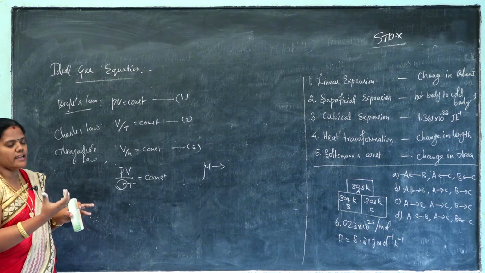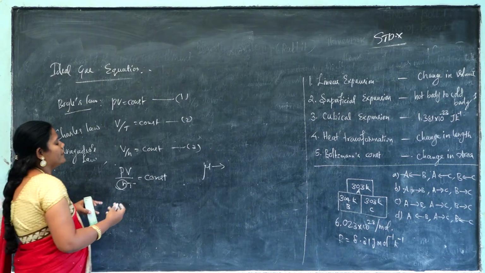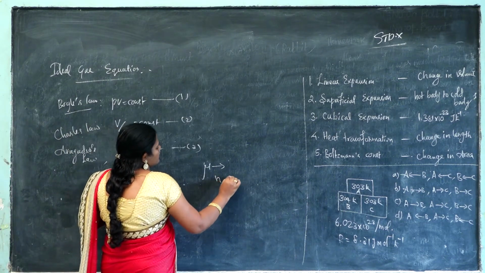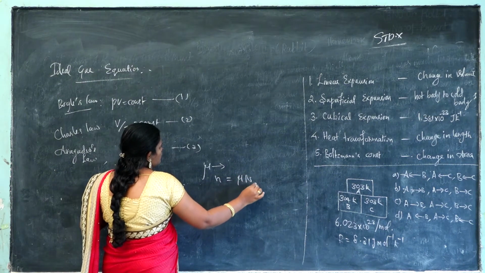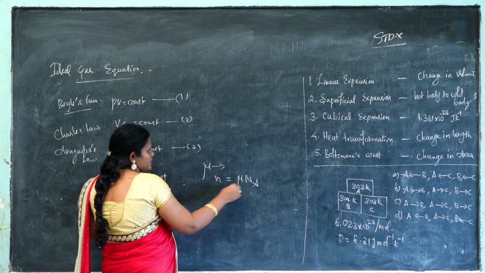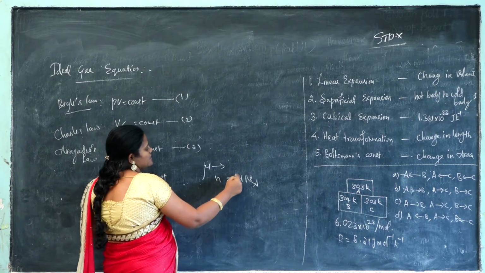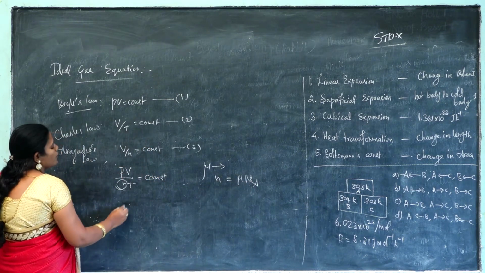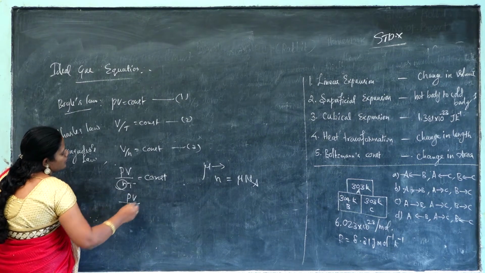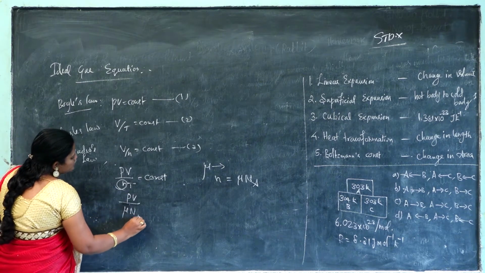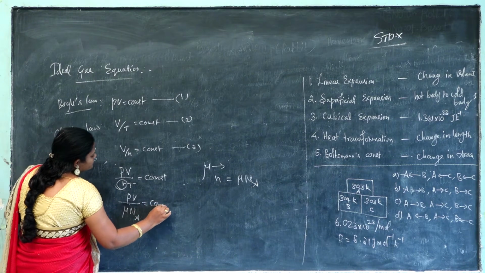So you multiply mu moles and then Avogadro number. So N is equal to mu into Na. So the number of atoms present in the substance will be equal to the product of the moles of the substance and the Avogadro number.